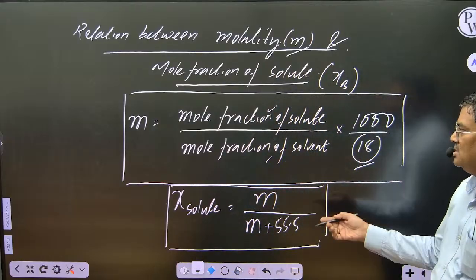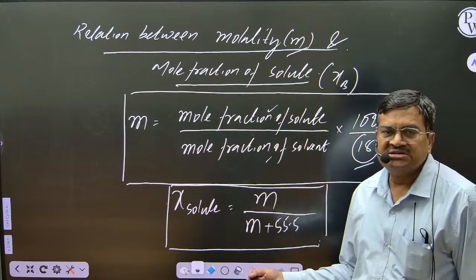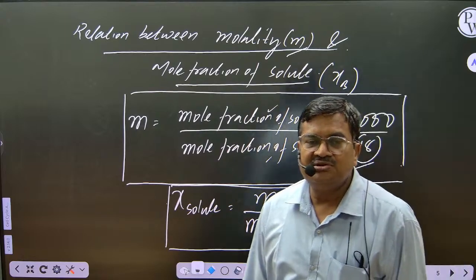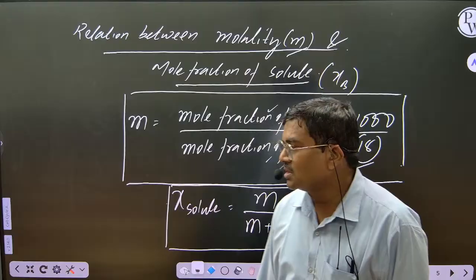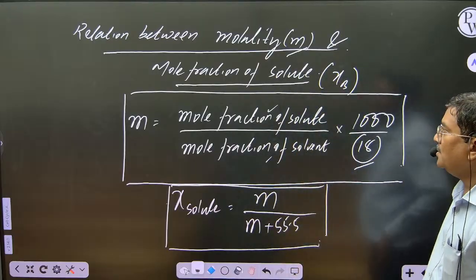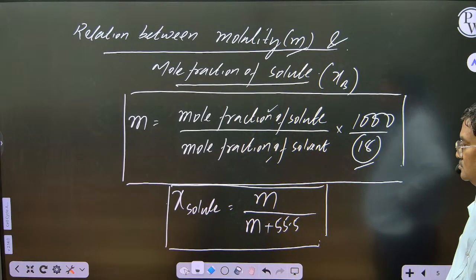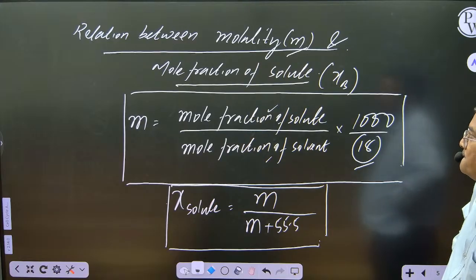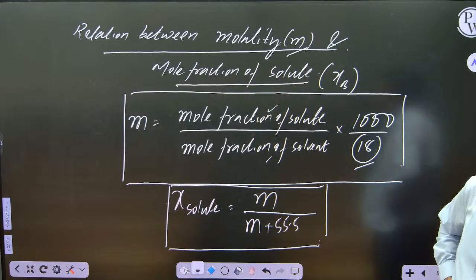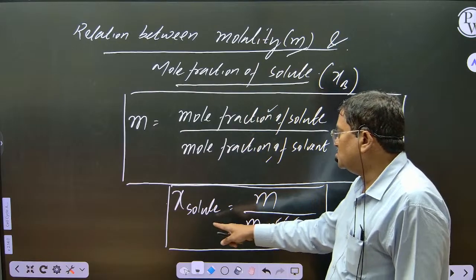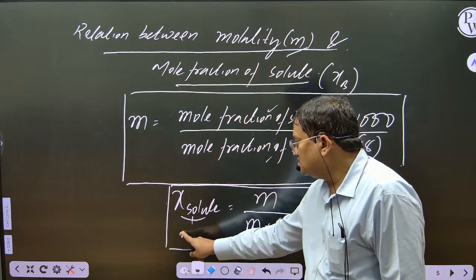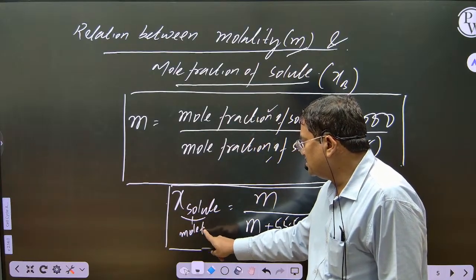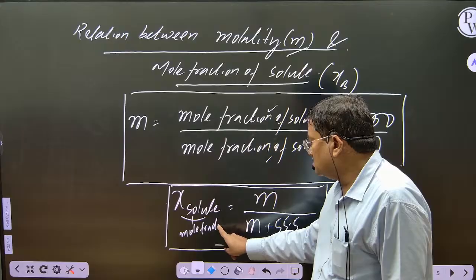So these two relations you can apply whenever they ask the relation between mole fraction of solute and molality. Understood, students? This is the mole fraction of solute. Make a note. What is small m?